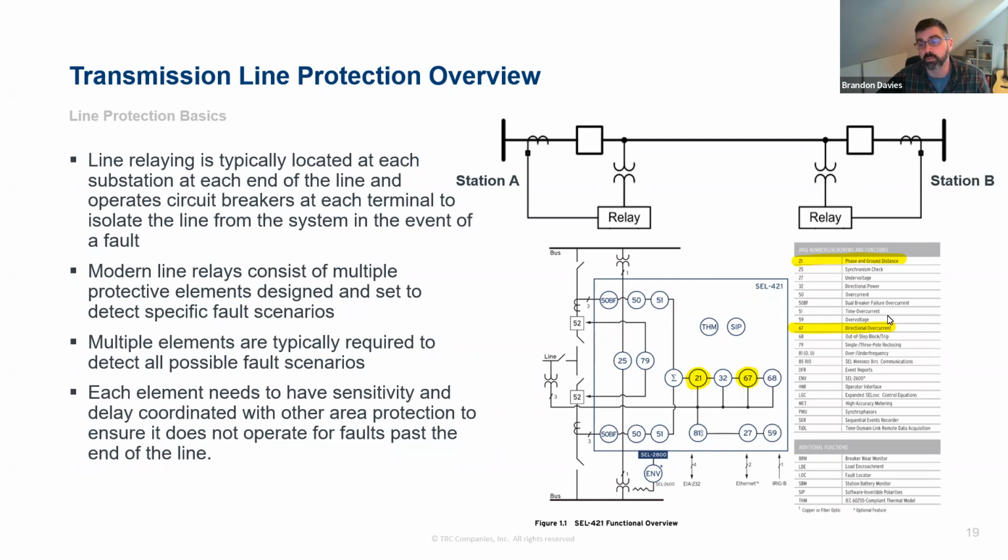And we need to make sure that whatever we provide has the right coordination to see all the possible faults, and it's coordinated with other system relays, because we want our relay to operate for line faults. We don't necessarily want our relay to trip for station faults or faults off of other lines, because that should have its own protection that should be responsible for clearing that fault.